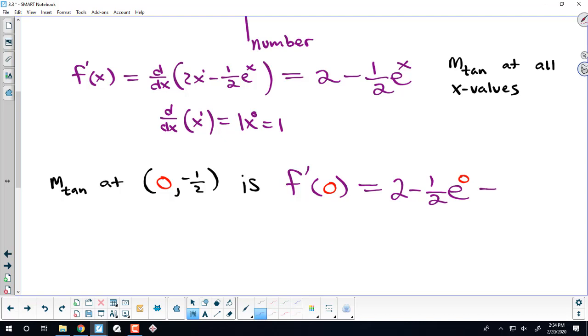And what does that give us? 1.5. 2 minus 1/2. So we did quite a significant amount of work in just a few steps. Are there any questions?